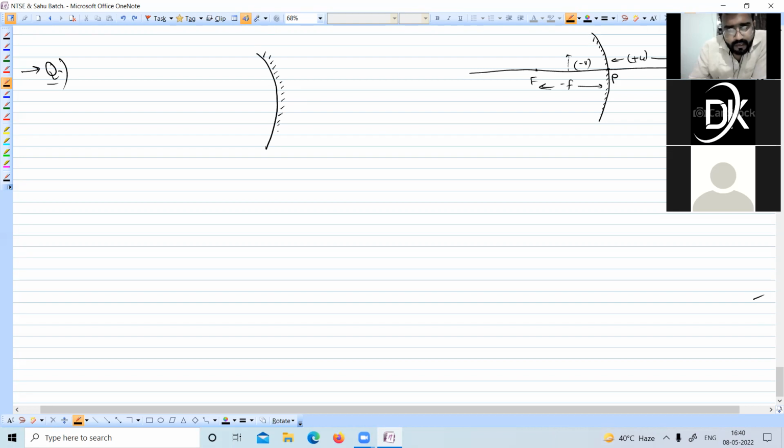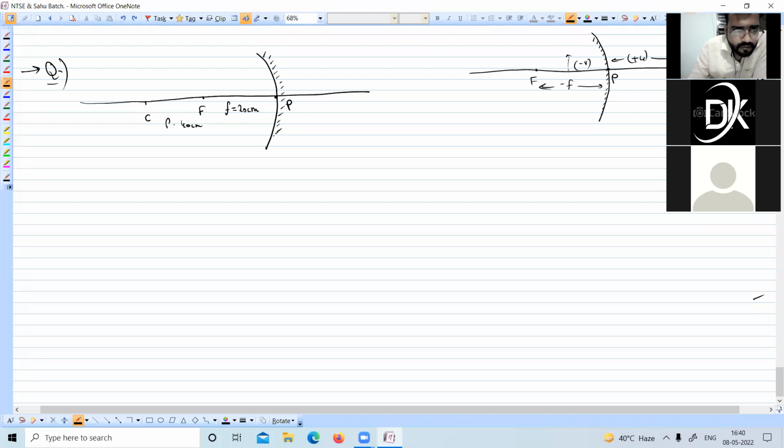Before taking your pen in your hand, try to see the things. This is the pole. This is the focus. The focal length given to you is 20 centimeter. I'm not writing minus or plus, that is only used in sign convention. The center of curvature and the radius of curvature would be 40 centimeter.